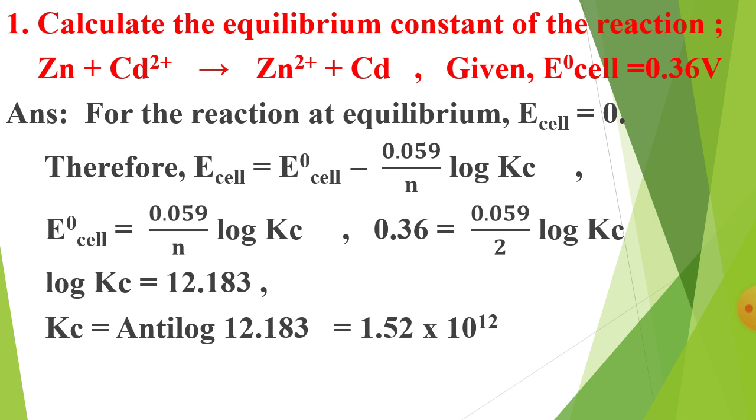And now again you go to the antilog table and look at the value 183; that means you have to look at the third column for 18. This gives 1.52. So the Kc value will be 1.52 times 10 to the power 12. This antilog method applies for positive values.